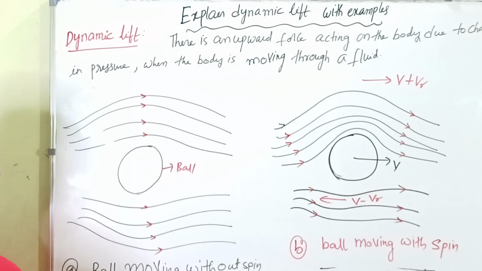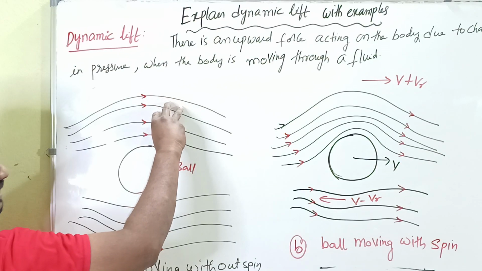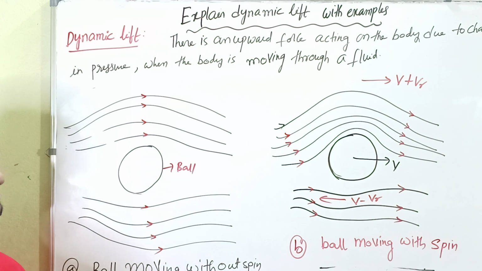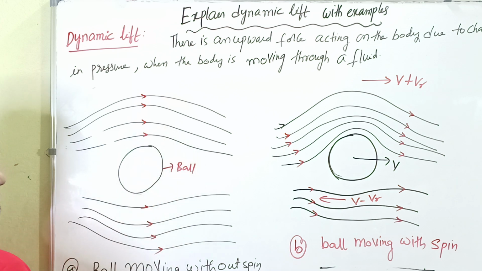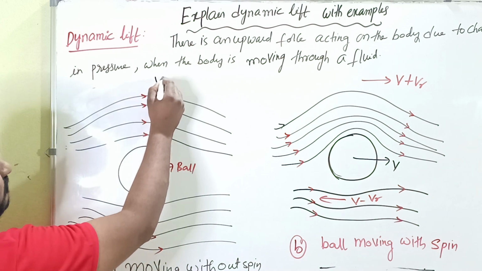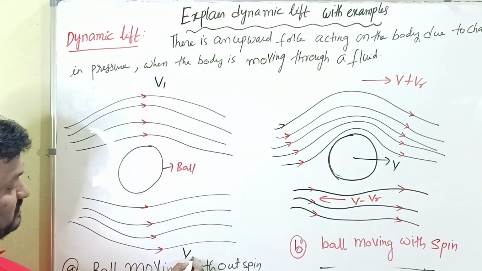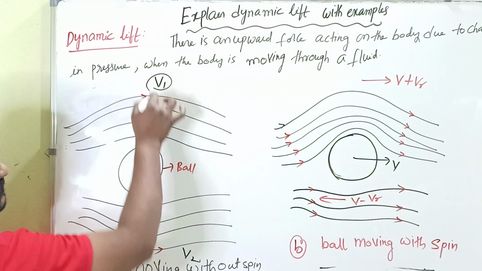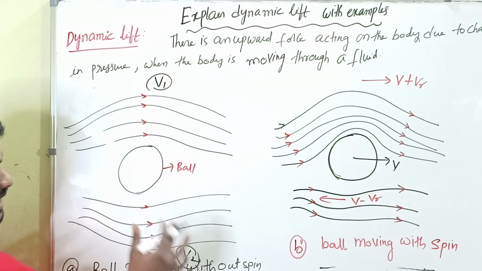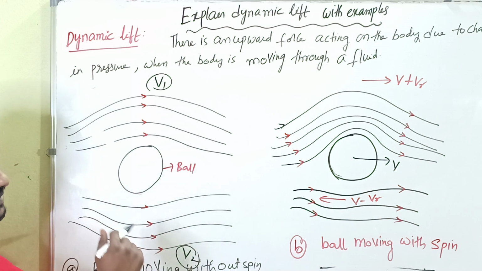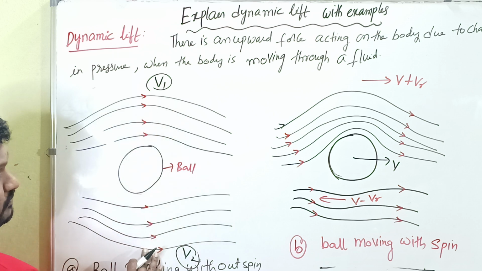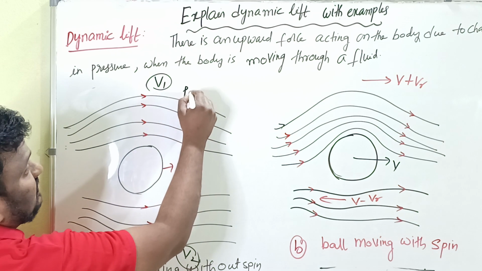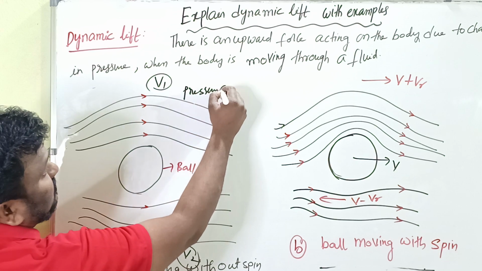You can observe the number of streamlines above the ball and below the ball are the same, and they are almost equally separated. Here this is the velocity v1 and this is the velocity v2. The velocities of the streamlines above the ball and below the ball are both the same. That's why there is equal pressure above and below the ball. Then the pressure difference is almost 0.